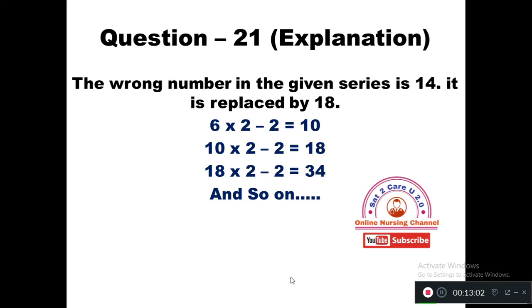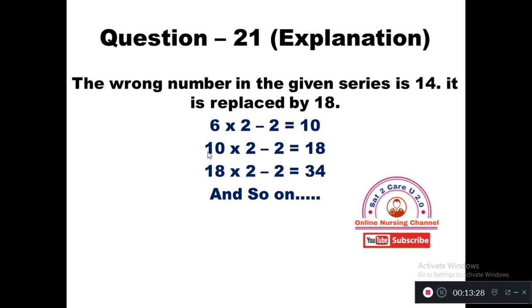Multiply by 2 and subtract 2 in every step. The first number is 6. When we multiply by 2, we get 12, and when it is subtracted by 2, we get 10. Then the result, 10, we put in the next step. Multiply by 2, 20, minus 2, we should get 18, not 14.